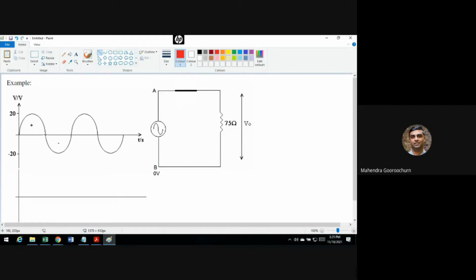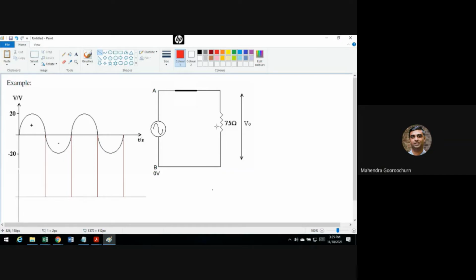We want to see what waveform we'll get for your output. And see where your output is connected. It's across the 75 ohm resistor. We are assuming an ideal diode for the time being. Afterwards we'll see, if it was actually a real diode, what we are going to obtain.